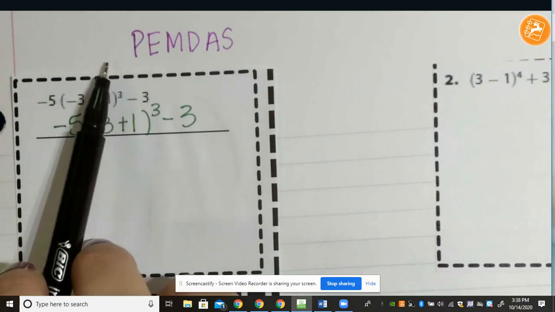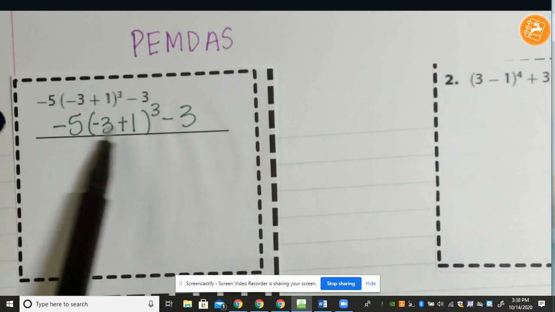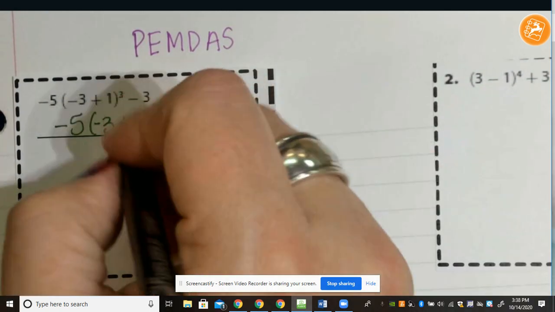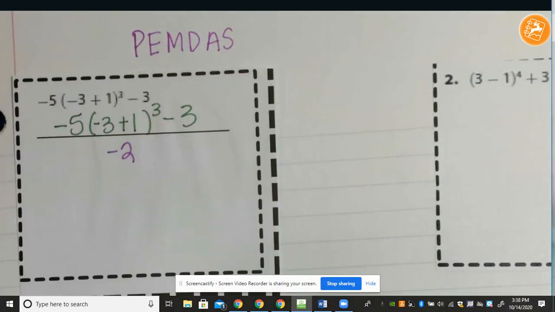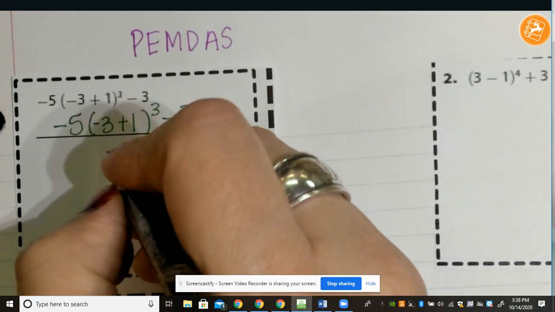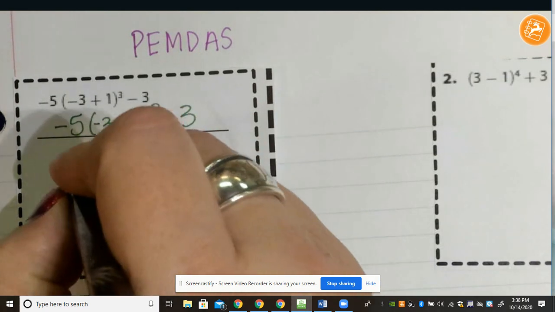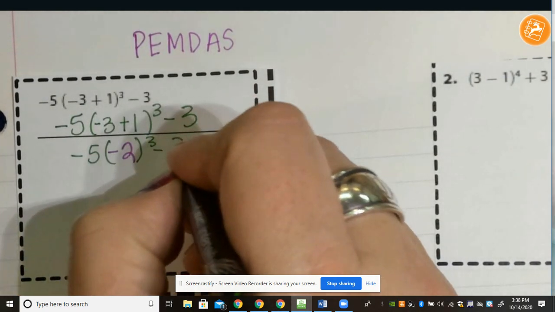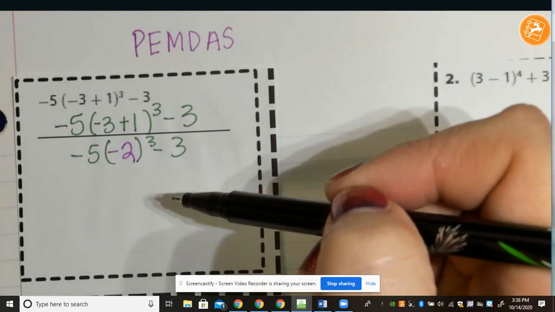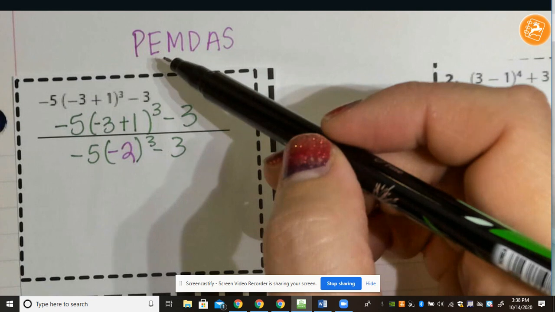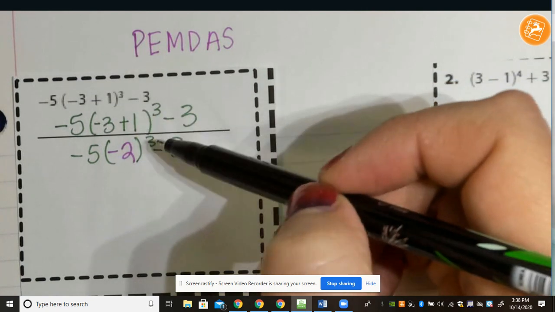So if I'm looking, I do have parentheses. So I need to do what's in parentheses here. So -3 plus 1 gives me a -2. So since I solved that, I'm bringing everything down. So basically, I'm rewriting this, putting that in parentheses, and bringing everything I have not done down. Now, my next one's exponents. I do have an exponent here. I have a cubed.